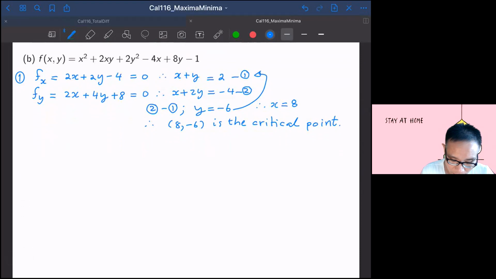The second step, we're gonna compute fxx. For fxx, you differentiate with respect to x, so you get 2.